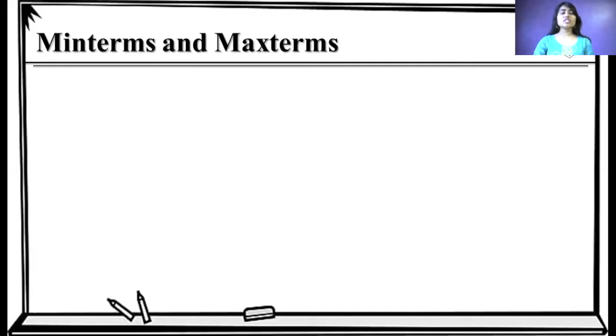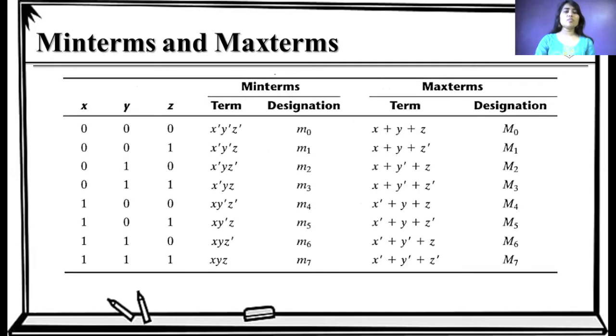Here we have a table for minterms and maxterms. Here we take 3 inputs x, y, z, and for these 3 inputs we have a total of 2 raised to 3, 8 combinations. For minterms we have to consider AND functions, and for maxterms we have to consider OR functions.